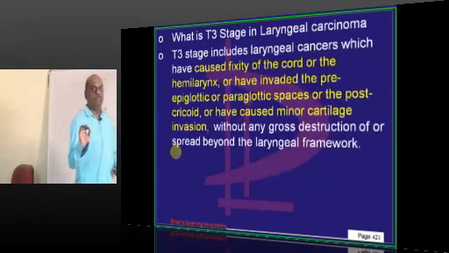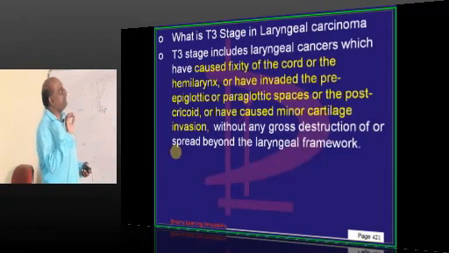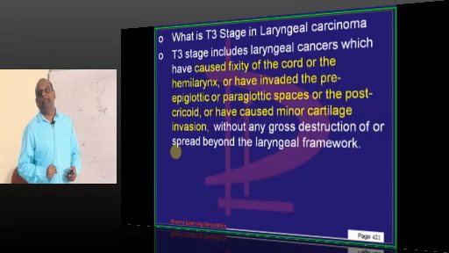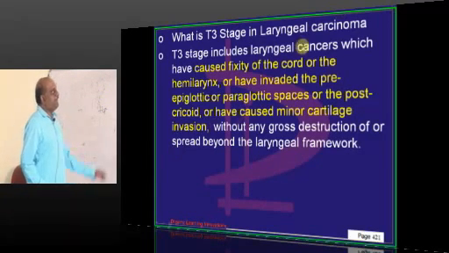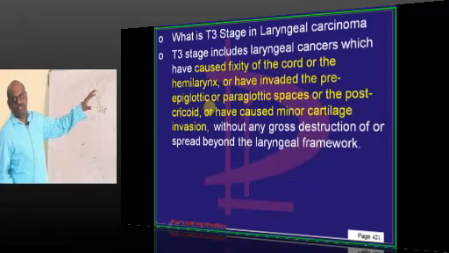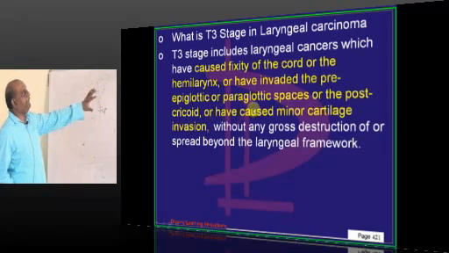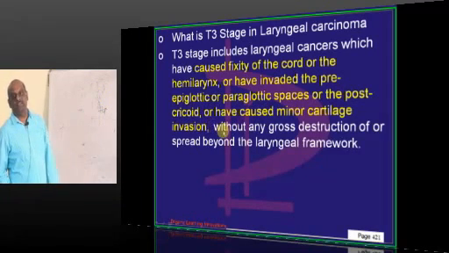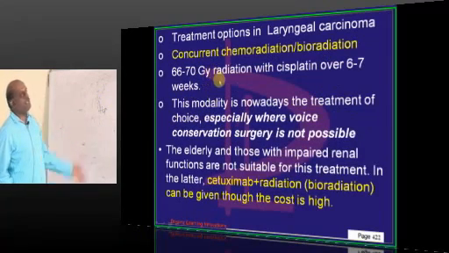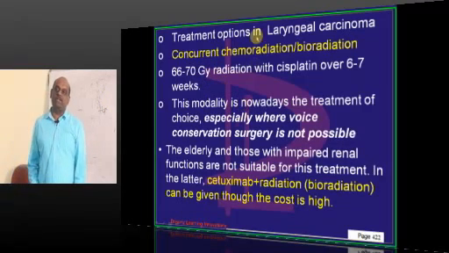So doctor, T3N0, what does T3 mean? There is a fixity of the cord or hemilarynx, invasion of the pre-epiglottic, para-epiglottic spaces or post-cricoid area, that is T3. What are the various options which are available in laryngeal carcinoma?